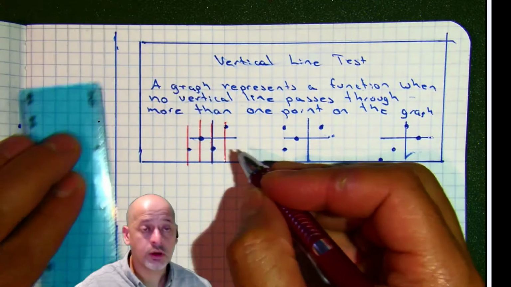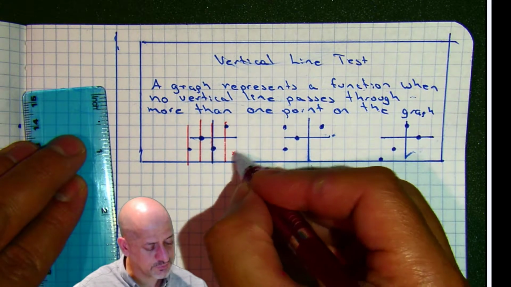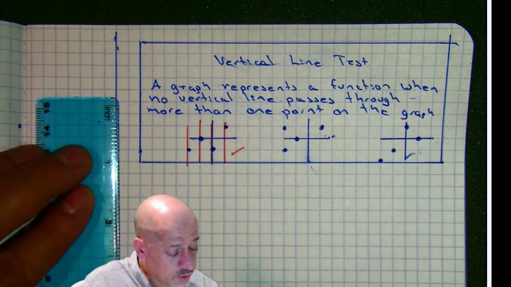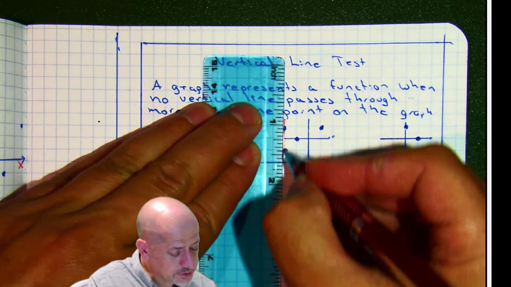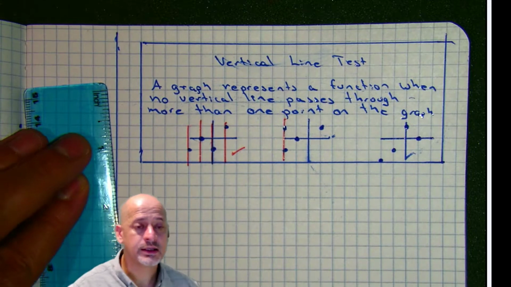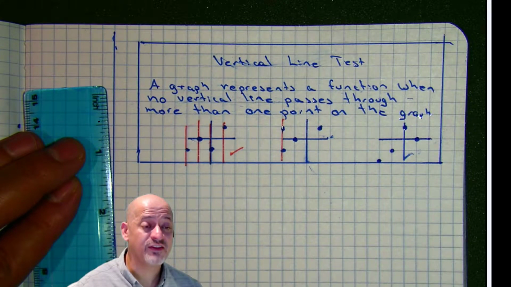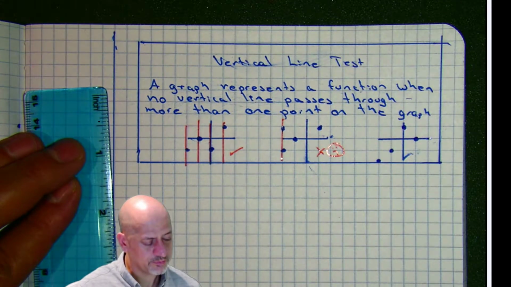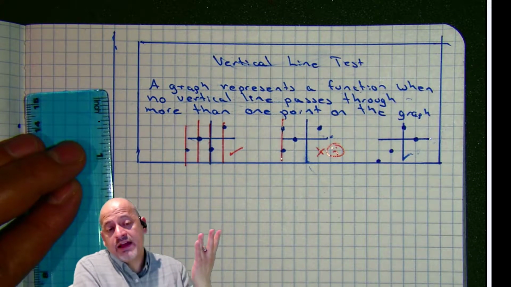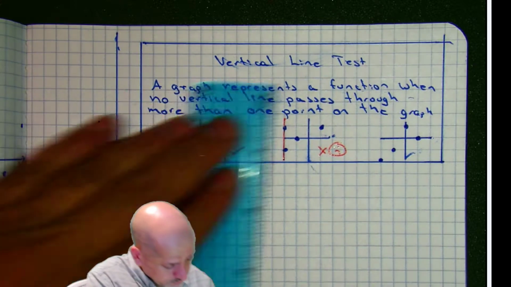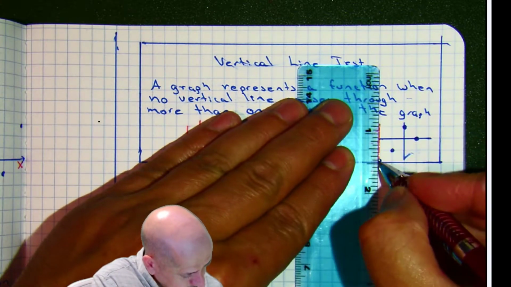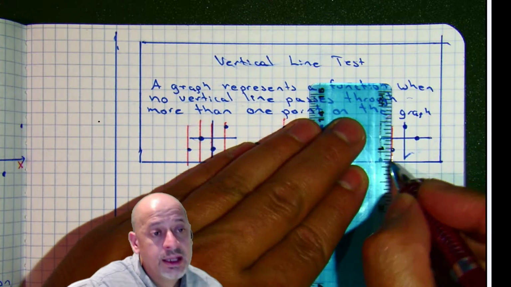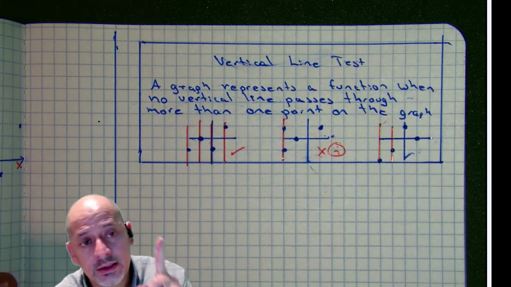And this one? Only 1. So therefore, this one is fine. But for the second one, notice that if I make a vertical line, how many times does it cross? Twice. So therefore, that's not a function. And I can just stop, because I already know that it's not a function, so why bother? The next one, only once. So if you make a vertical line, it can only cross 1 time.